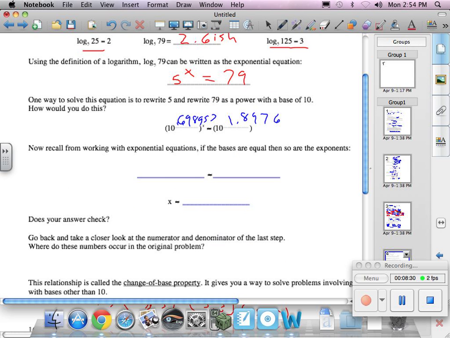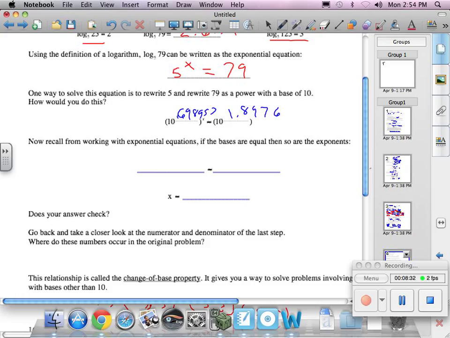Now that seems kind of wacky, but let's think about this for a second. If I've got 10 to the 0.69897 equals 5, then 5 to the x equals 10 to the 1.8976, right?